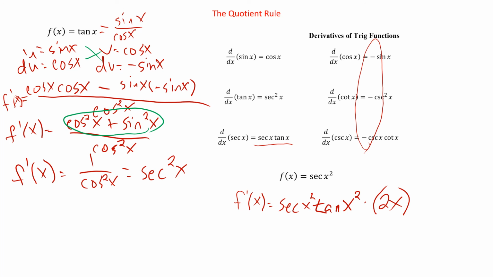And so we can use these trig functions the same way we'd use anything else. They can be in our product rules and quotient rules. They can be included in chain rules. They can do anything that we've done. These are just some more rules that we can use for derivatives without having to go back to the definition.